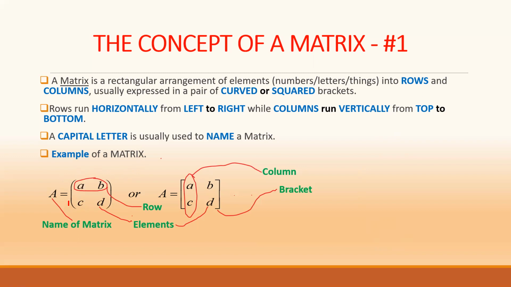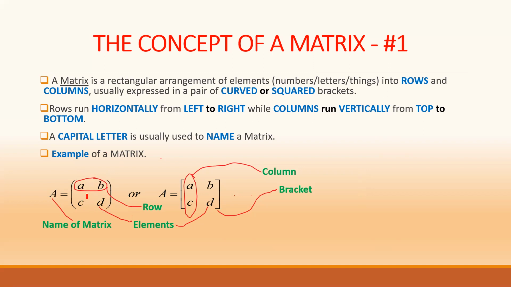However, for representation, we can give it a name, and to name it, we normally use capital letters. So in this case, this matrix would be matrix A, where matrix A is equal to the matrix with elements A, B, C, D.